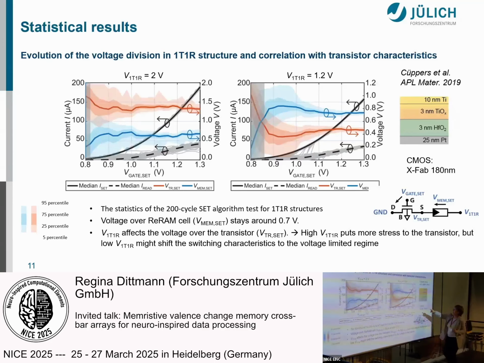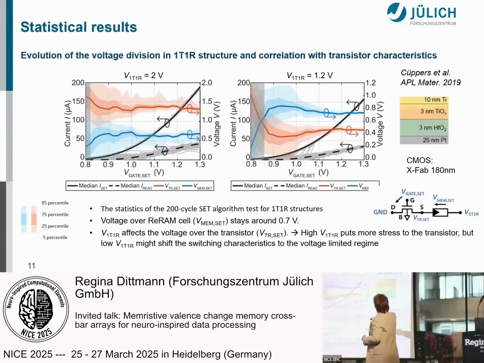We now calculated the voltage drop during this procedure. This is the red curve, and the blue curve is the transistor voltage. What's interesting to see here is that irrespective of the voltage you apply, you get about always the same set voltage at the transistor, namely 0.7 volt, irrespective of the voltage applied to the 1T1R structure.